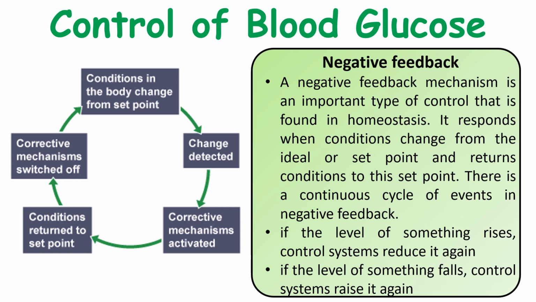So there is a continuous cycle of events that happen, and we classify them all as negative feedback. Generally, if the level of something rises, a control system kicks into place that is going to reduce it. If the level of something falls, same again, the control system will kick into place, which raises it again.